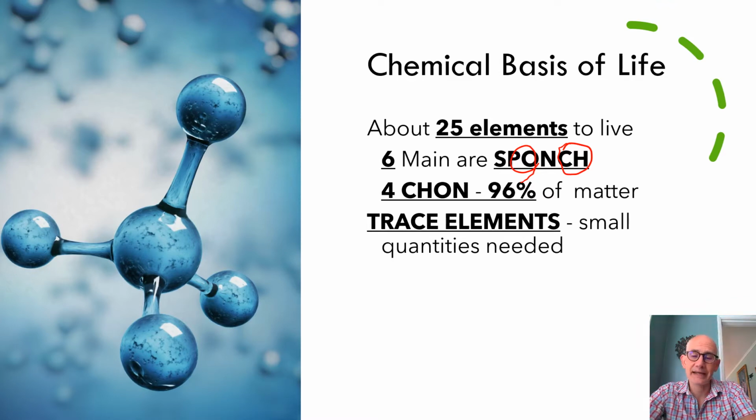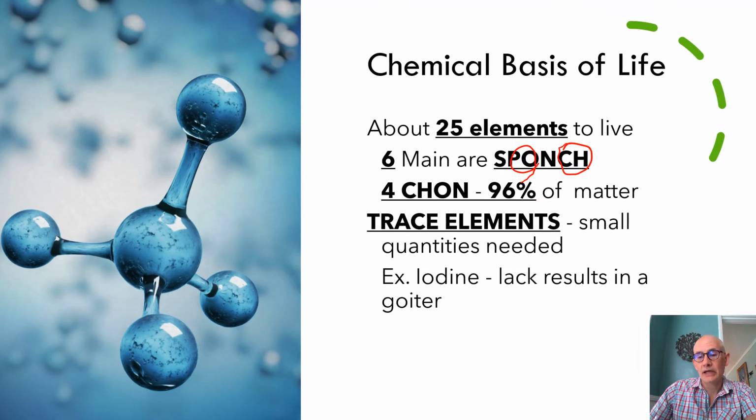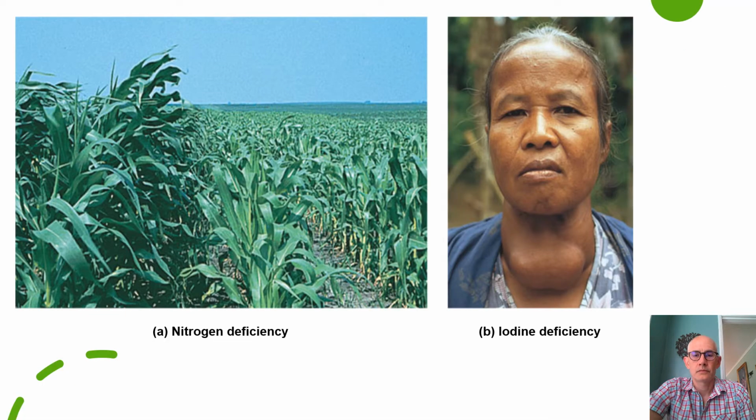You also need iodine for making certain hormones in your thyroid. So if you don't have these trace elements, then you'll begin to have different metabolic issues affecting the way that you process food, the way that your enzymes work. And in the case of iodine, you can get a goiter.